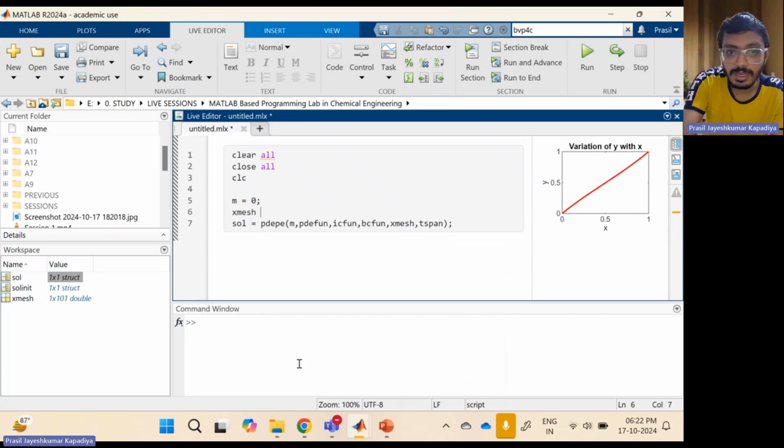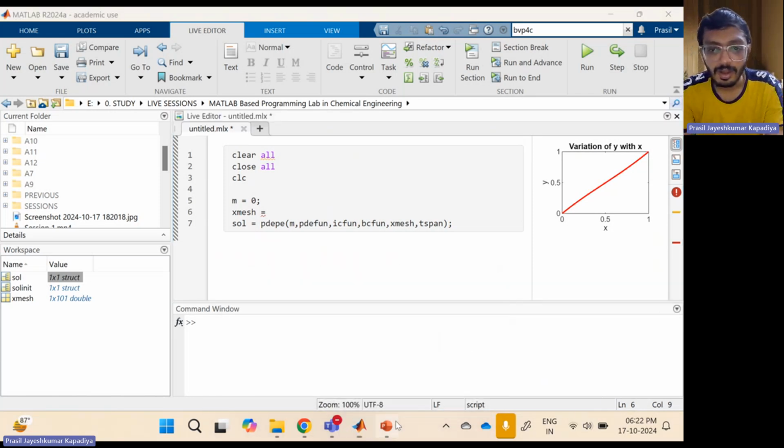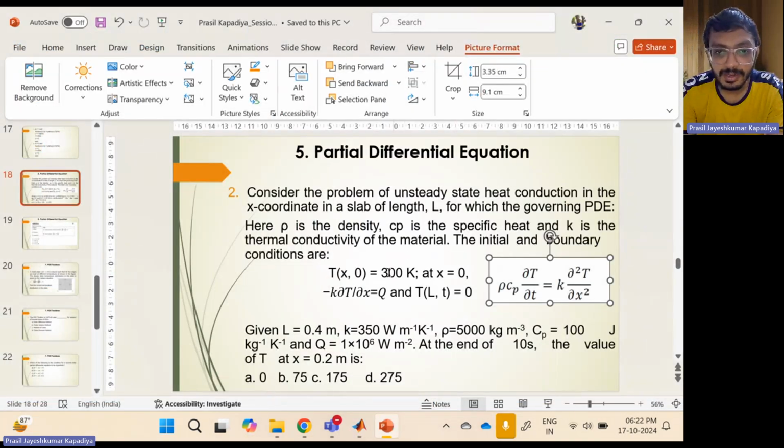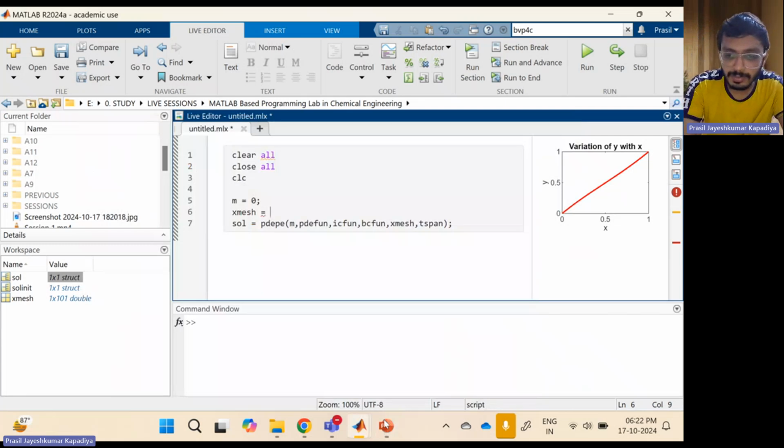We can give some values of xmesh as we are supposed to find at x equal to 0.2. So let's do it from 0 to 0.01 to 0.2 for xmesh.